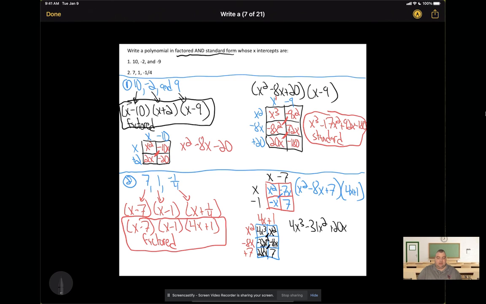Right? 28 plus negative 8 is 20x plus 7. So my standard form is 4x cubed minus 31x squared plus 20x plus 7. So I have my factored form and my standard form, and I am done. That is it for this lesson.